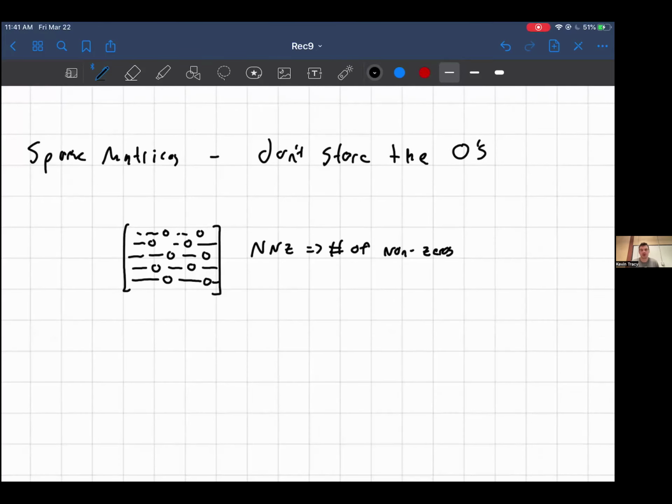If I have a matrix where my fill ratio, the number of non-zeros, the number of values, is high, I just store it as a normal dense matrix and everything is fine.